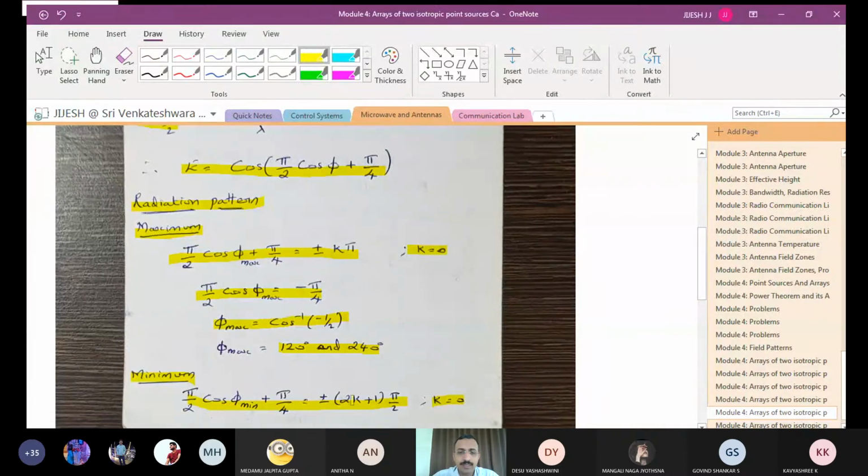So when k is equal to 0, you can simplify this equation further and find the cos phi minimum.